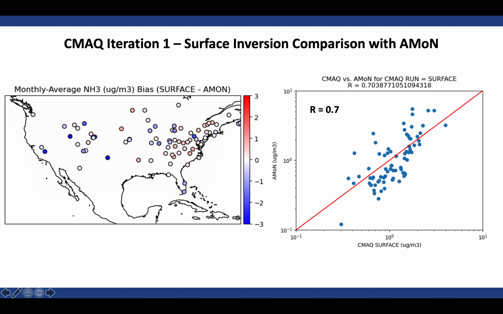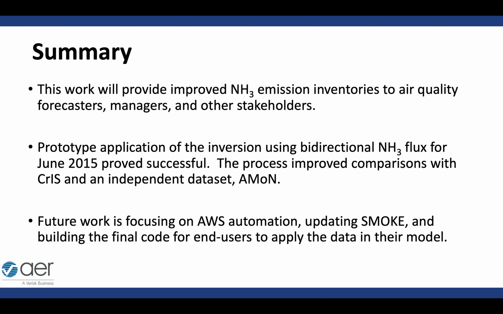So a mix of improvements and the inversion pushing emissions too far in the wrong direction. In theory, this is where the multiple iterations would correct some of this and converge on, hopefully, the optimized emissions. But nonetheless, it's encouraging to see improvements with independent data sets.